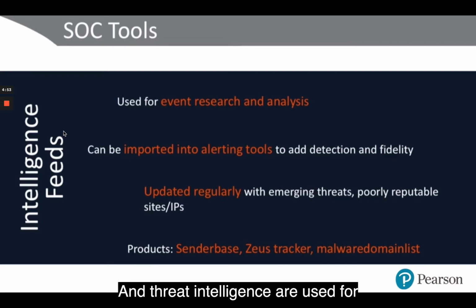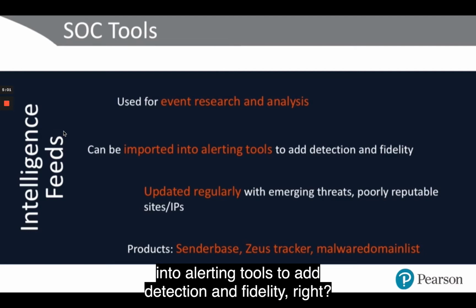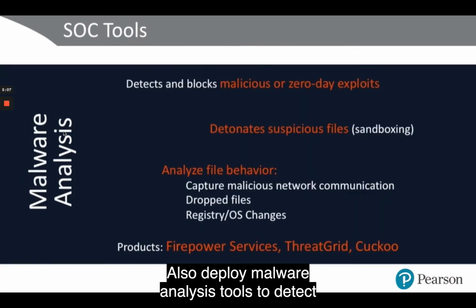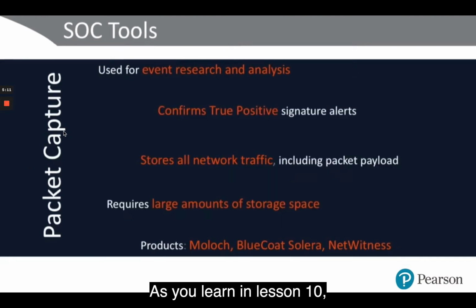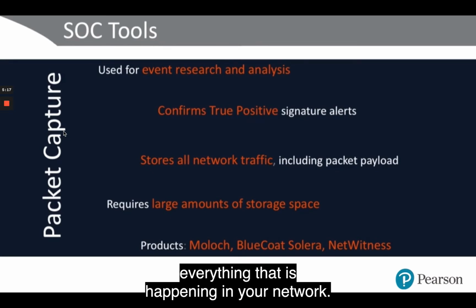And threat intelligence is used for event research and analysis, right? So this threat intelligence can be imported into alerting tools to add detection and fidelity, right? Also deploy malware analysis tools to detect and block malware and zero-day exploits, right? As you learned in Lesson 10, you can deploy full packet capture to see everything that is happening in your network.